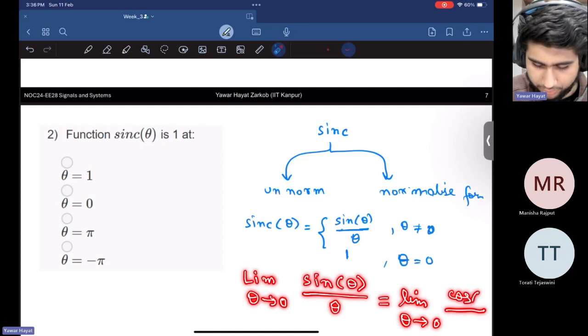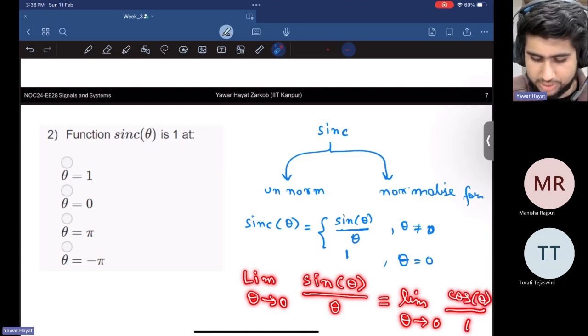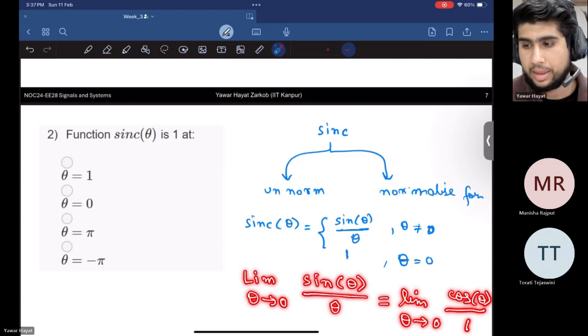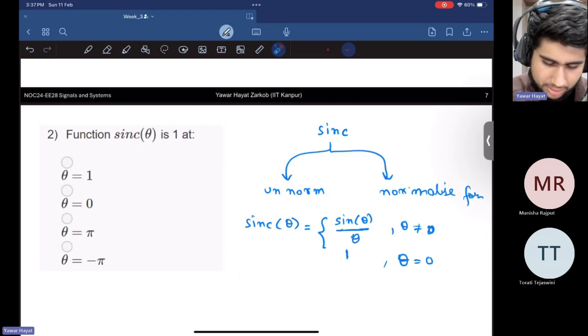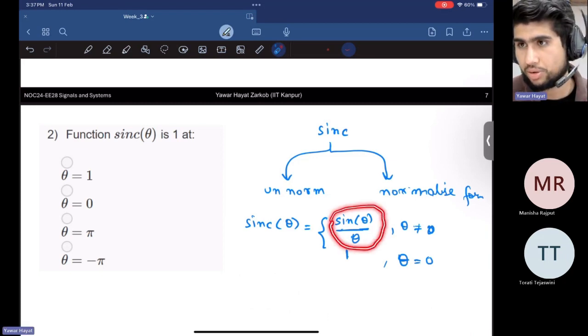It would be cos of theta by 1. Now I can readily use theta equal to 0. Why? Because the function would not be of indeterminate form. Cos of 0 is 1. Whereas if I had used theta equal to 0 here, this would have taken 0 by 0 form.